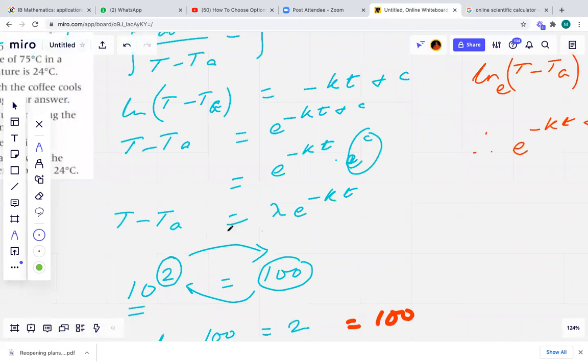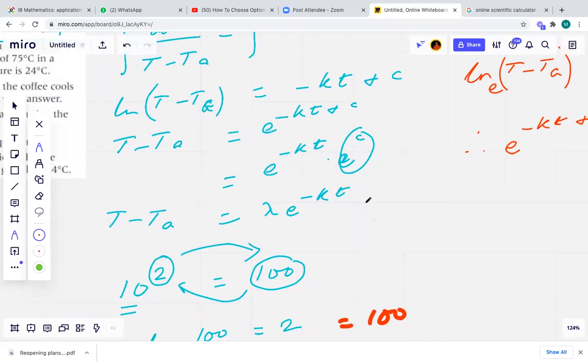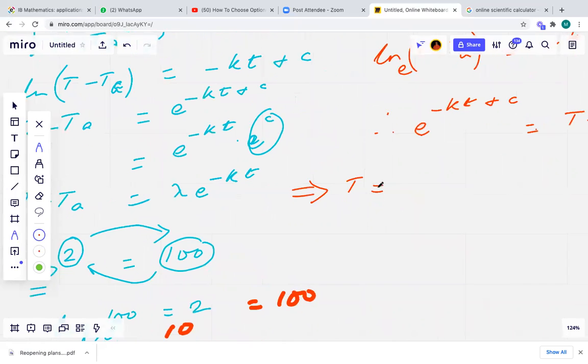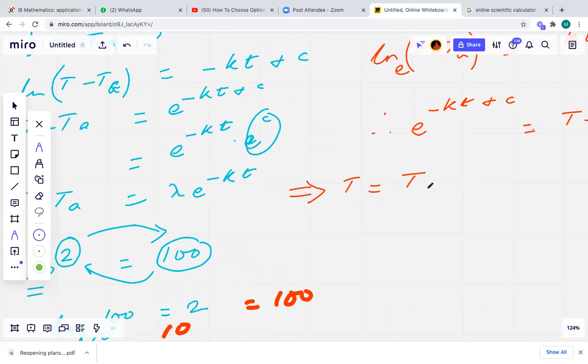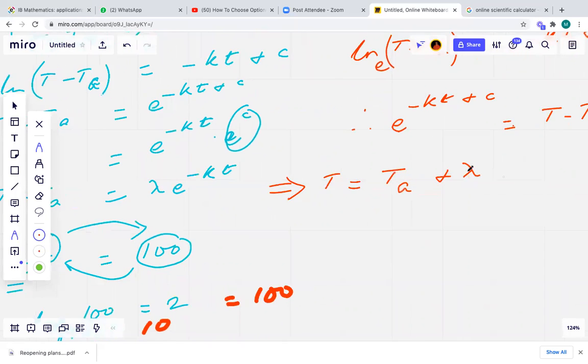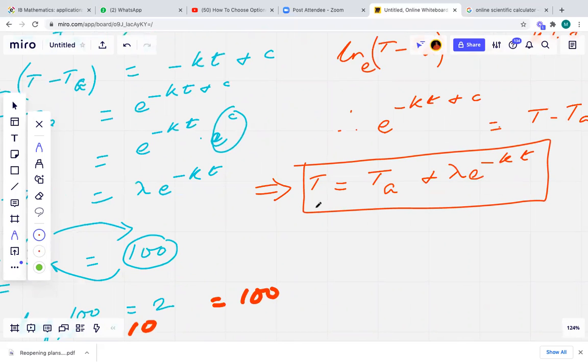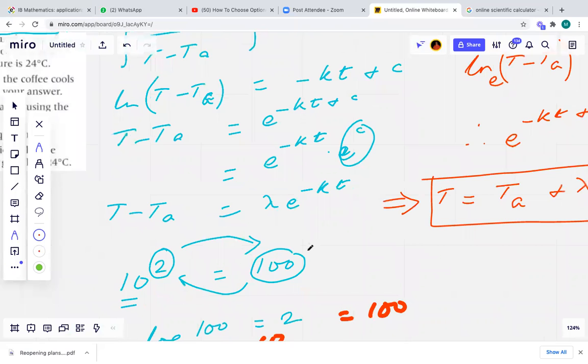So T minus T_A is lambda e to the minus kt. Therefore, T is equal to T_A plus lambda e to the minus kt.